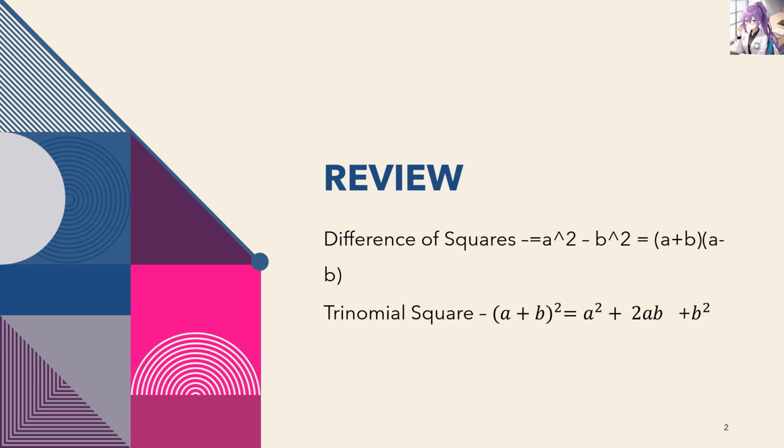Then we have the trinomial square pattern, which can be (a plus b) squared or (a minus b) squared. If it's (a plus b) squared, that is a squared plus 2ab plus b squared when it is multiplied out. If it is (a minus b) squared, it is a squared minus 2ab plus b squared.